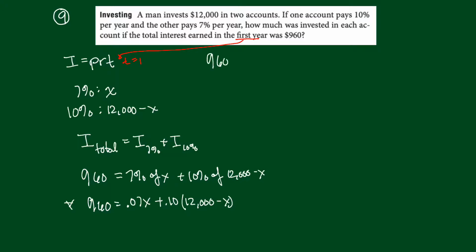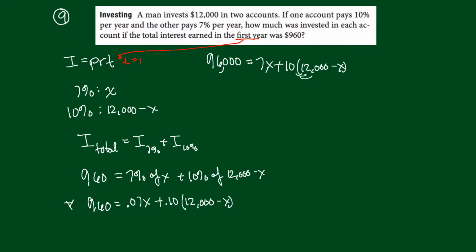I'll do it up here. 960, and then I move the decimal 2 places to the right, so it's going to be 96,000 equals 7x, right? I'm moving the decimal 2 to the right, so I get 7x plus, and then 2 to the right here gives me 10 times 12,000 minus x.